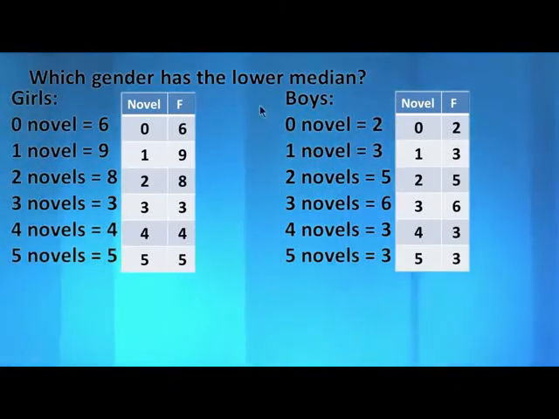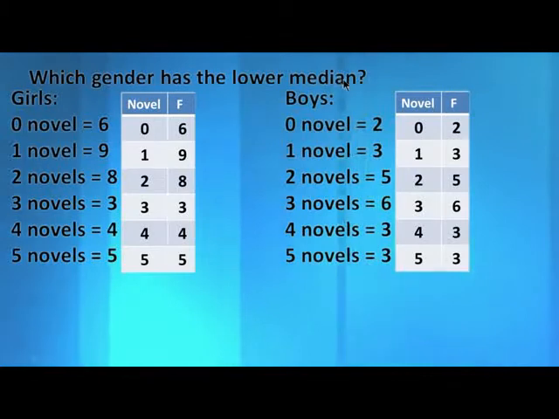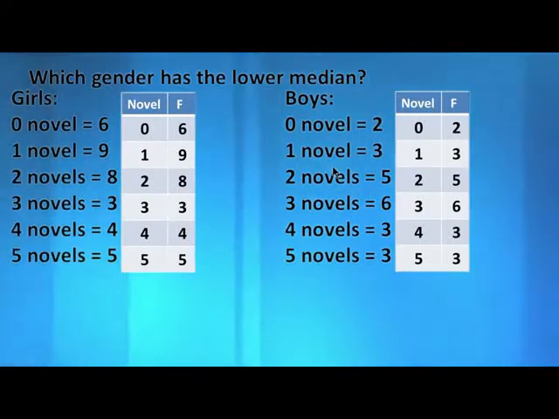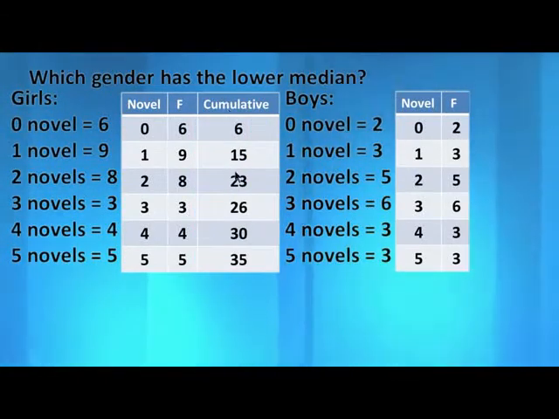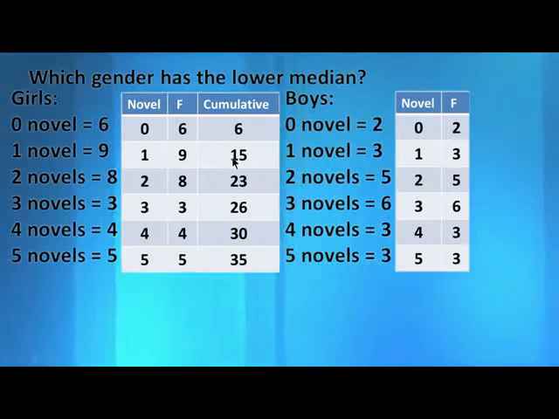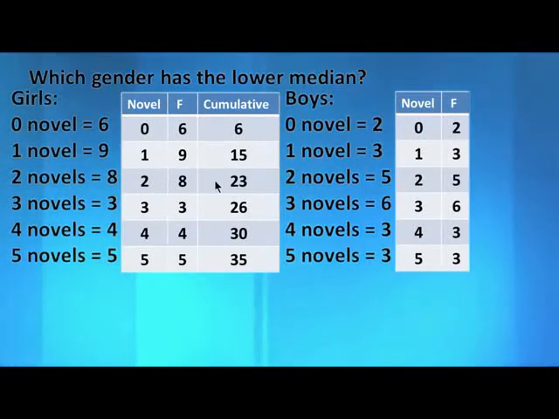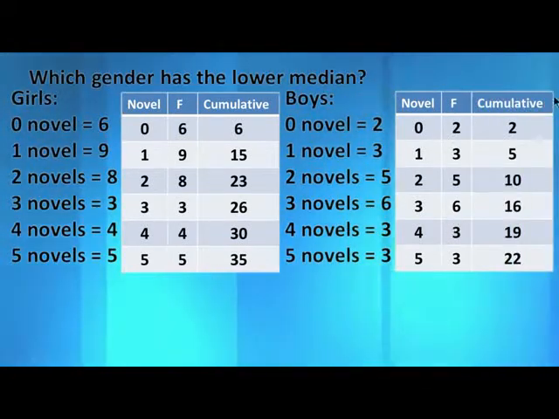Now, in order to find the median of each of the girls and boys, you have to find the cumulative frequency. So start from 6, the frequency. 6 plus 9 equals 15. 15 plus 8 equals 23, and so on down here. You can do the same trick to find the cumulative frequency of the boys.